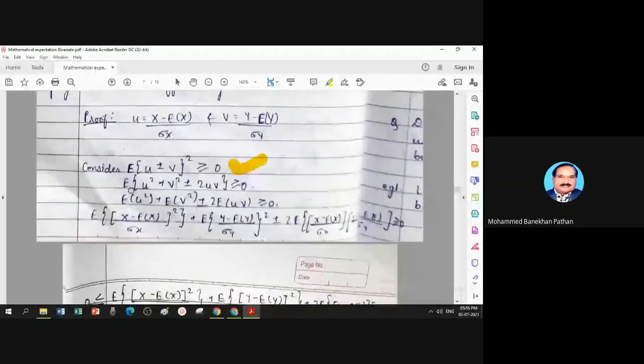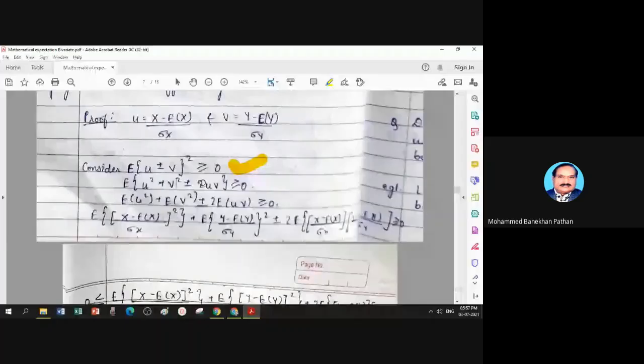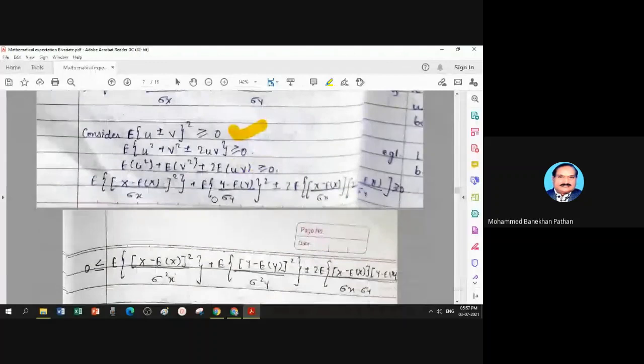Now take the expectation inside: E of U square plus E of V square plus or minus 2 times E of UV, which is greater than or equal to 0. Now replace U and V by their definitions.